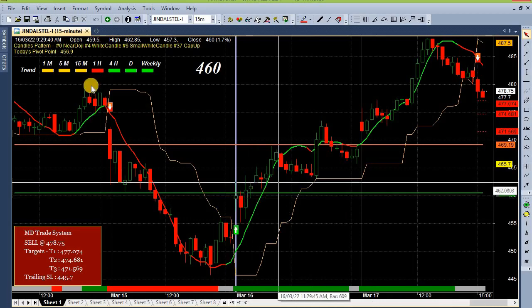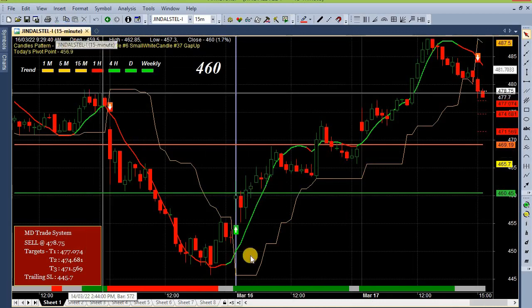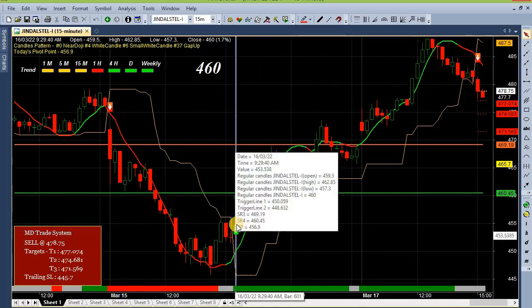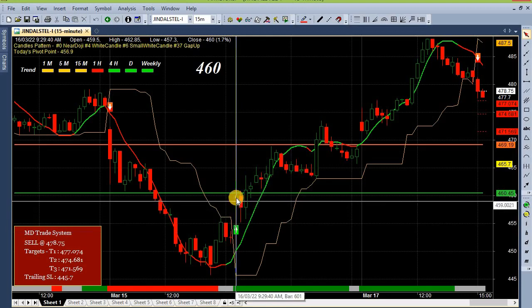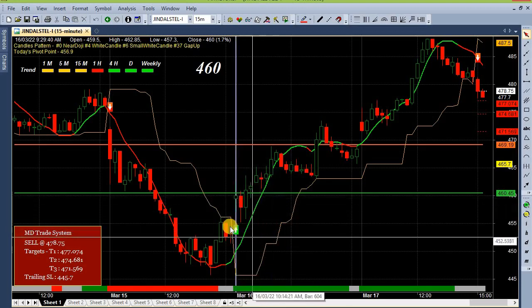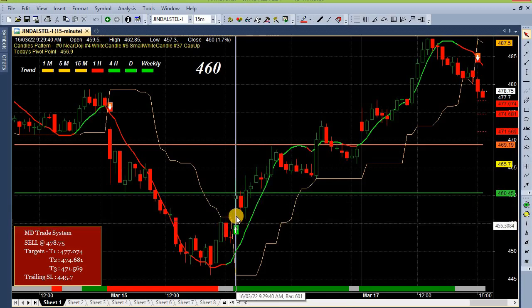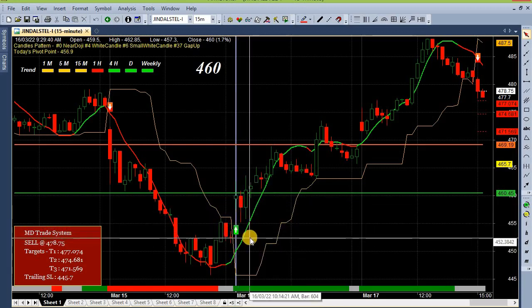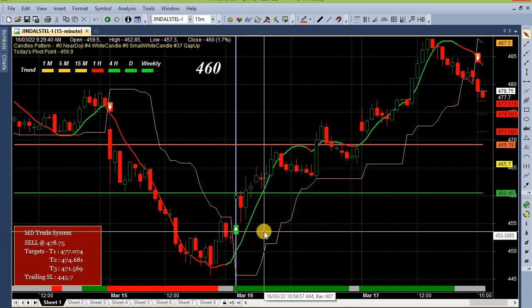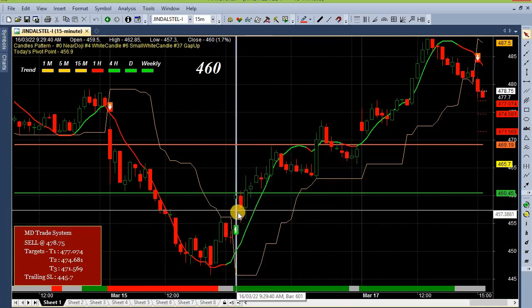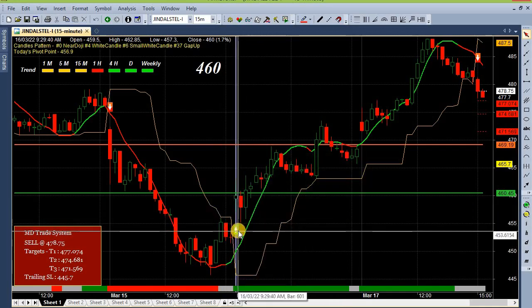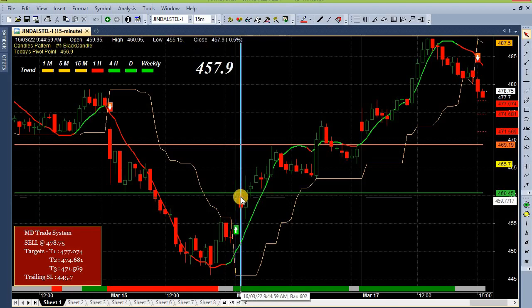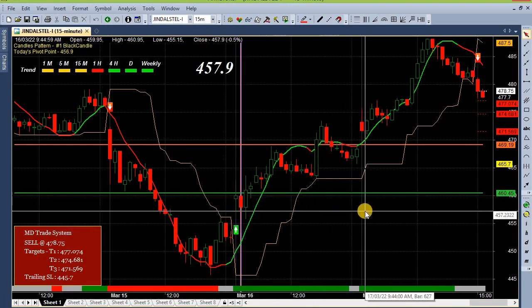For intraday we prefer the 15 minutes time frame, so the candle will be closing after 15 minutes. Whenever there is an arrow on the candle, you must wait for 15 minutes, let the candle get closed and your call get confirmed. Whenever there is a confirmed buy call, on the next candle opening you must make your buy entry.